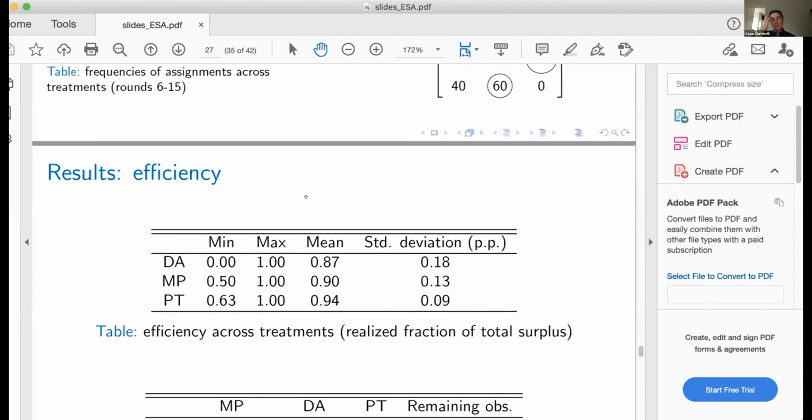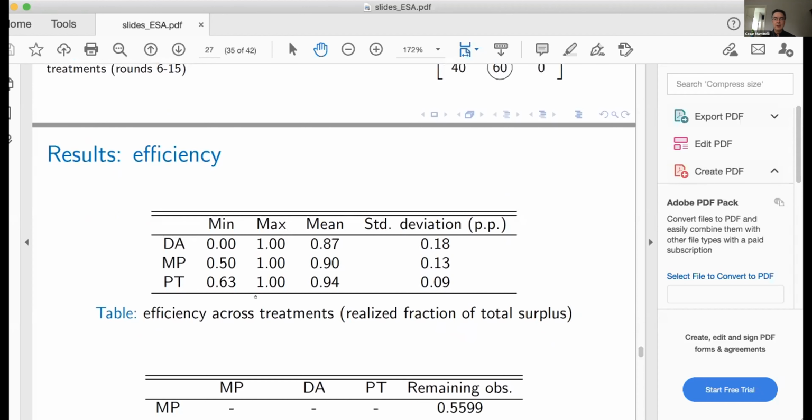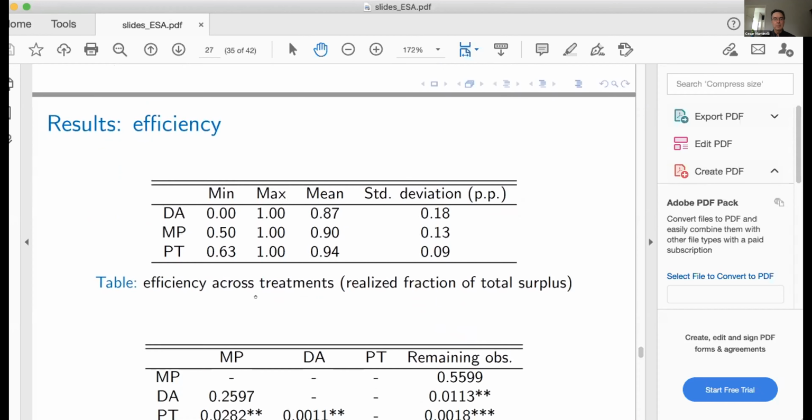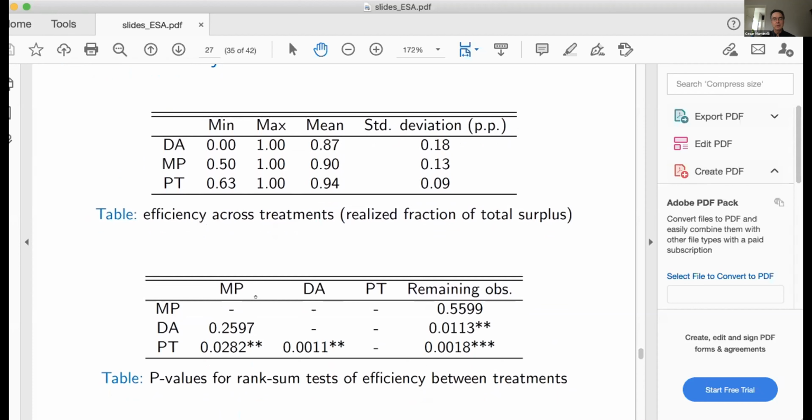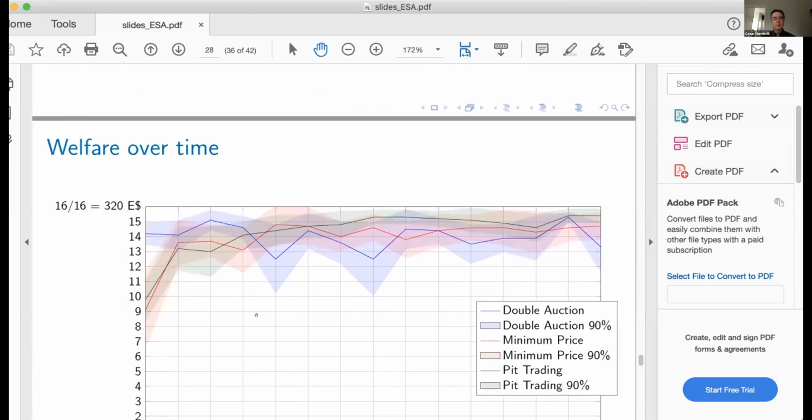So in terms of efficiency, we have higher efficiency under pit trading. The advantage is not so high because in other cases, the second best is not that far away. So that's basically what happens in terms of welfare.